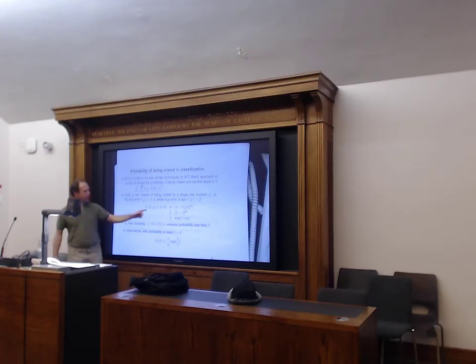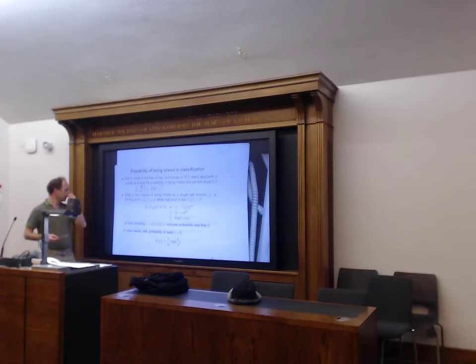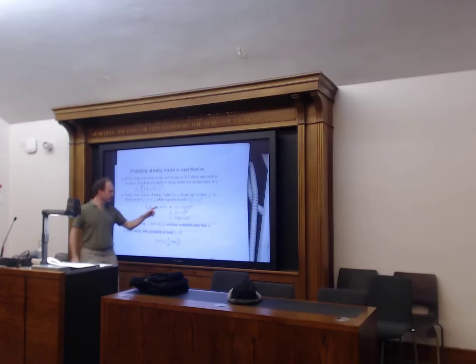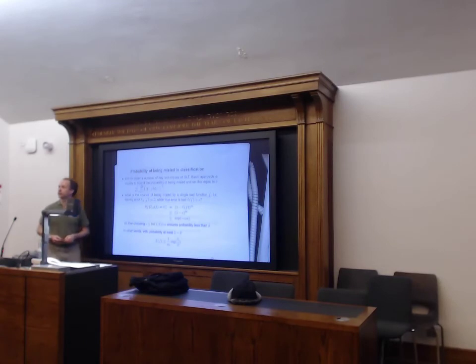Now, first of all, the probability of this being equal to 0 is equal to the product of 1 minus the error. So epsilon of f is the true error. If the error of the function f is 0.1, every time I take a point, I have 90% chance of getting it right.